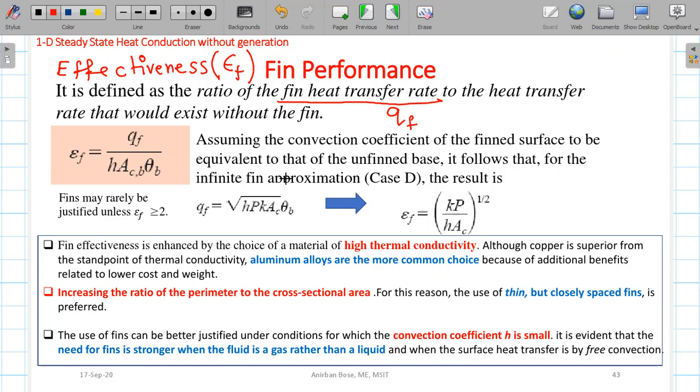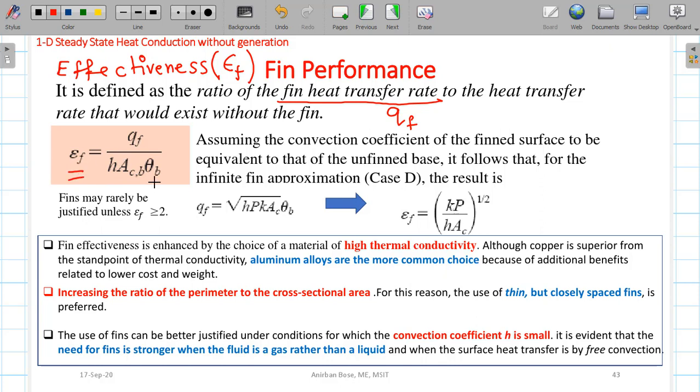So it is the ratio of the fin heat transfer rate to the heat transfer rate that would exist without the fin. That means if there was no fin, what would be the rate of heat transfer from the surface, and if there was a fin, what would be the rate of heat transfer through the fin. You first have to calculate both, then Q F upon the rate of heat transfer if there was no fin. This is what is called the effectiveness.